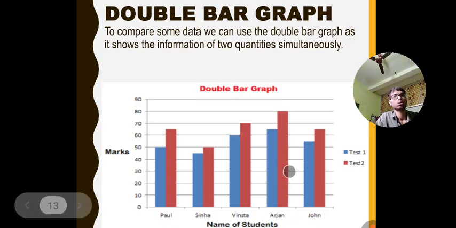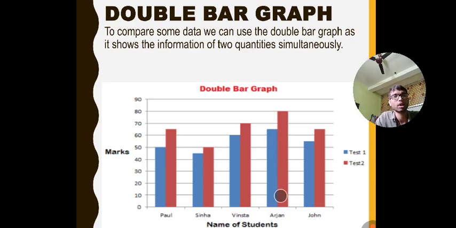Arjun got in the first test how much? 65. In the next, 80. Then we have Johan. In the first test he got 55. Then in the next test he got 65. This is how we understand, this is how we read any data which is in a double bar graph.